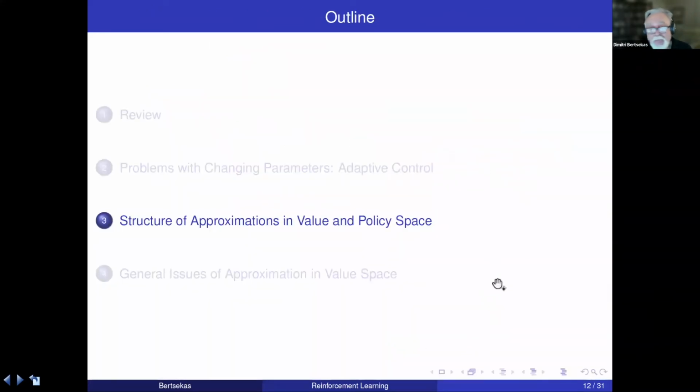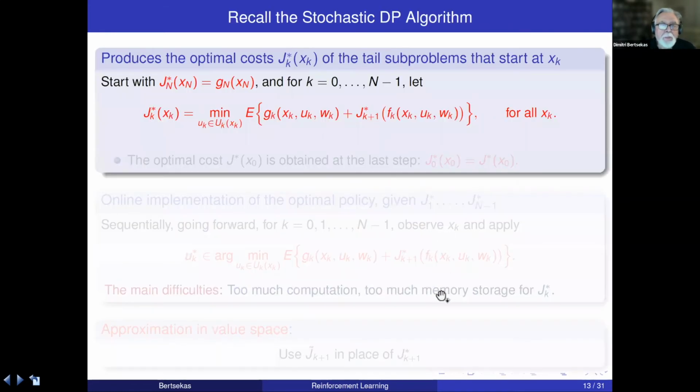Okay. So now we're going to broaden our discussion and look at approximation in value and policy space. Let's go back to the stochastic dynamic programming algorithm, its exact form.